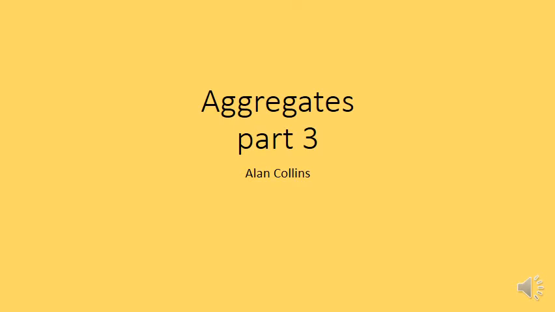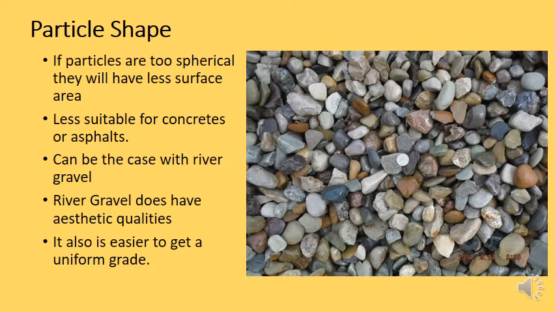But today we're going to be talking about some other properties of aggregates. The first property we're going to be talking about is particle shape. Obviously, all the particles inside an aggregate have a variety of different shapes.